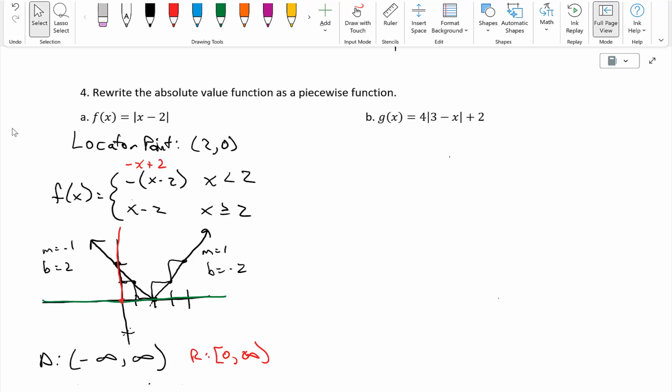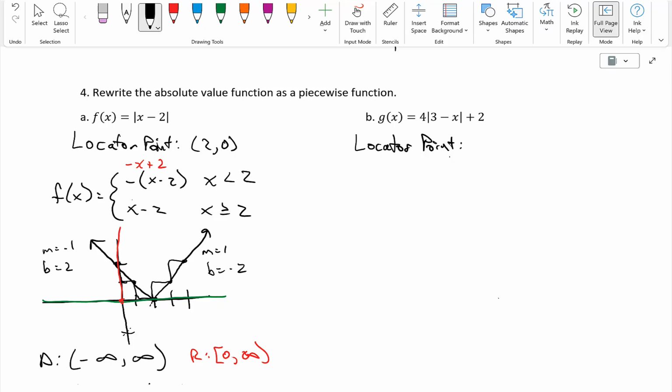For b, we've got g of x equals 4 times the absolute value of 3 minus x plus 2. A little bit trickier. We've got some more work to do to find our locator point, but that's where we want to start. We can talk about it in 2 ways there. We can manipulate the function to get it to look like the x minus h that we've done in the past.